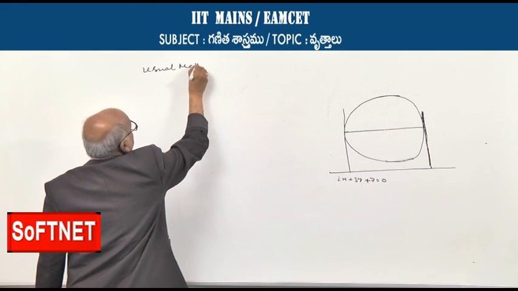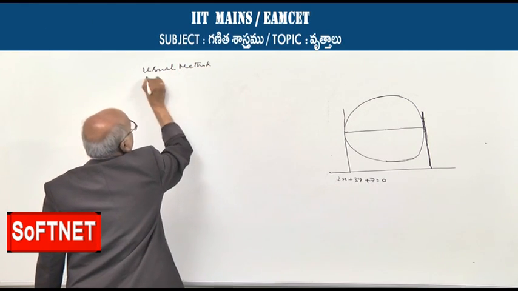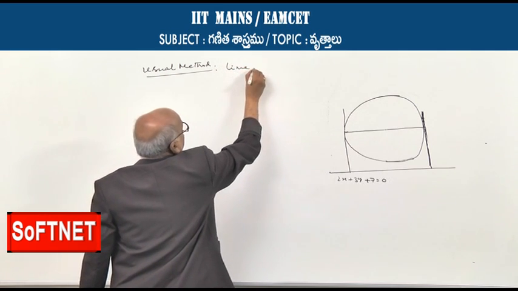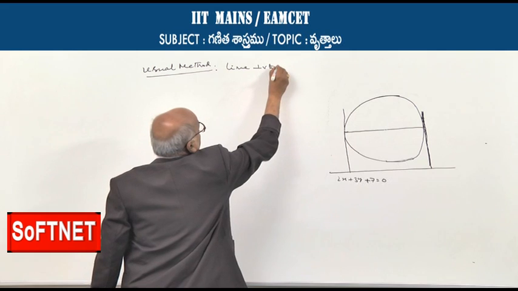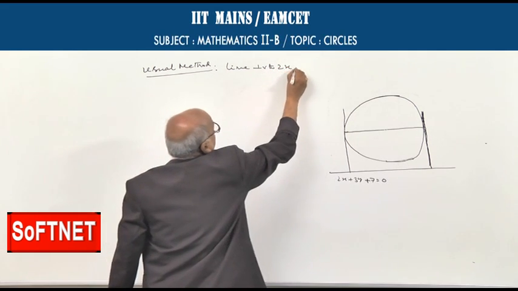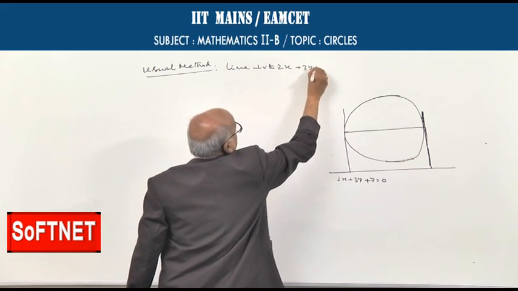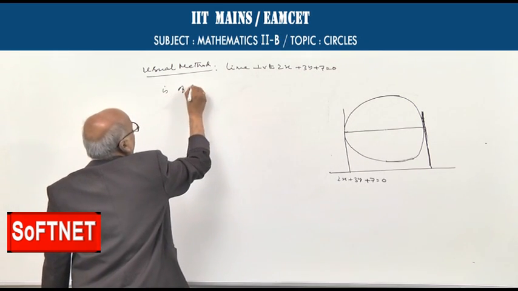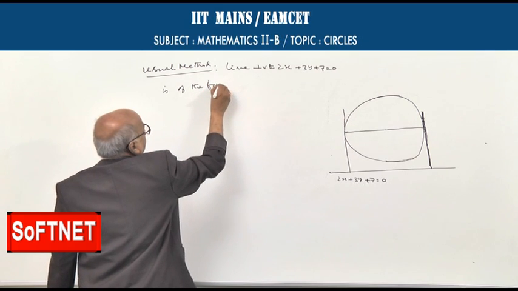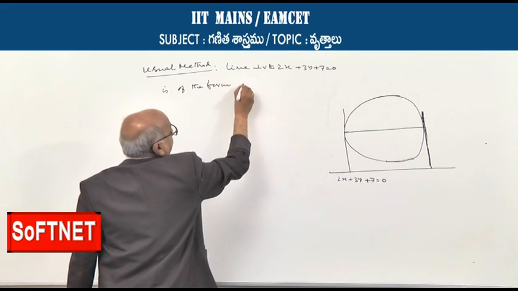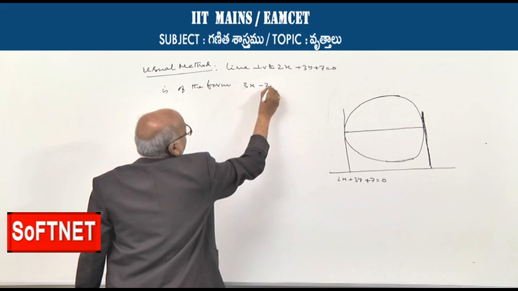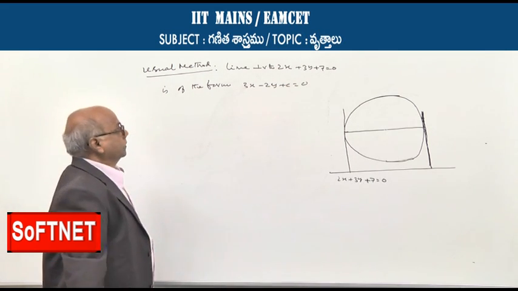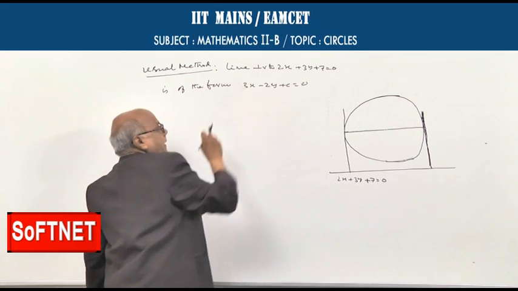Now, the usual method. See, a line perpendicular to 2x plus 3y plus 7 equal to 0 is of the form 3x minus 2y plus some c equal to 0, because these two lines are perpendicular to each other.